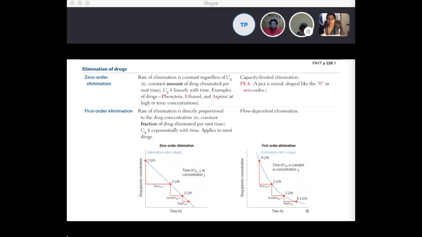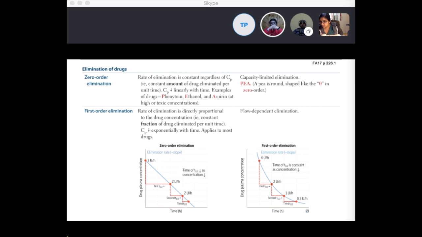Versus zero order, the half-life depends on the amount of drug, but the rate of elimination is constant. So it's either or. If the rate of elimination is constant, the half-life is going to be variable. But if the half-life is constant, then the rate of elimination is going to change with the drug concentration. Gotcha. Thanks.